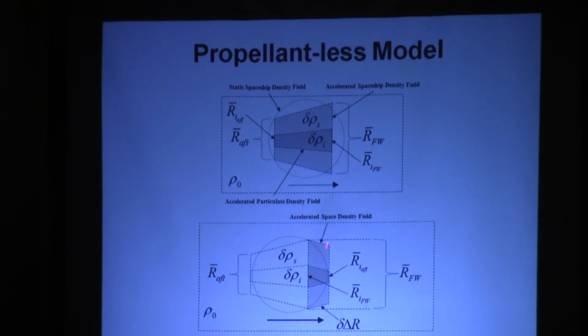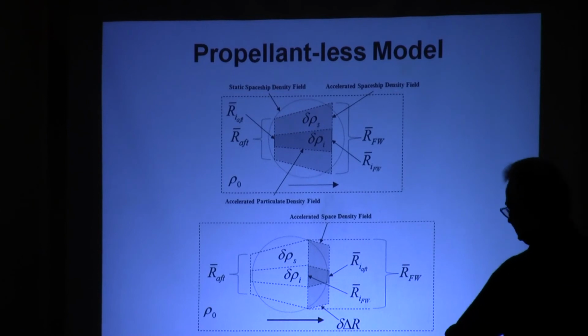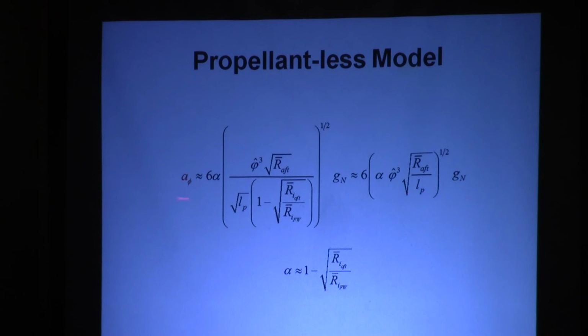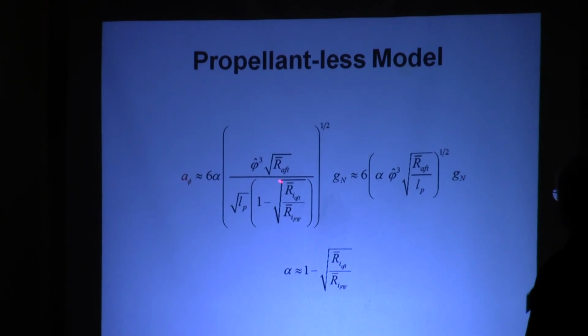I wanted to point out that you could set this up in a way where you're talking about the thin shell density, rather than this, which is just for representation. But the acceleration equation changes when you look at the propulsion system. What I found out was that you can set the alpha that's here to that, and reduce the equation to something much, much smaller.